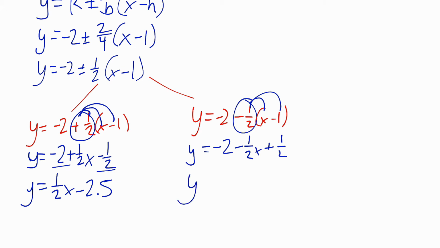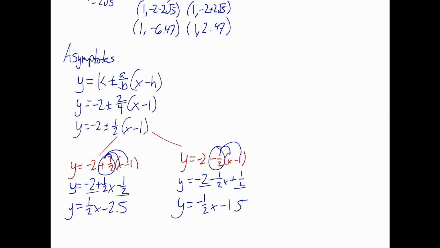So when we combine this, we got -1/2 x, and then we have -2 plus 1/2, that's -1.5. So using that information, we can draw the two asymptotes.